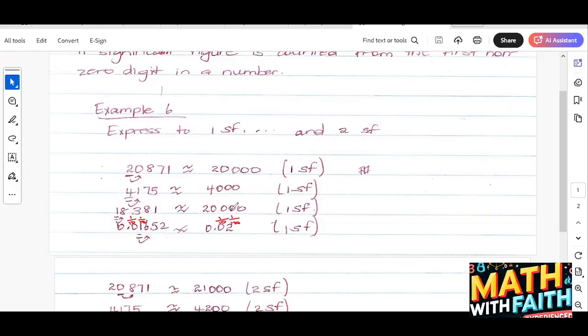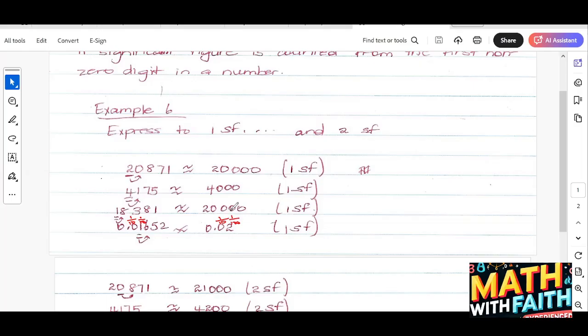So you recognize now when we get into the decimal places, we have to make sure that our zeros up front are still there when we are approximating to the nearest significant figure. Remember that we're keeping the digit in the column in which it belongs, right? So it's 0.02.